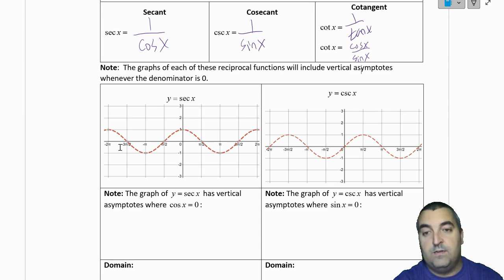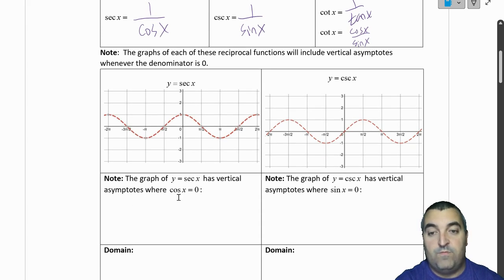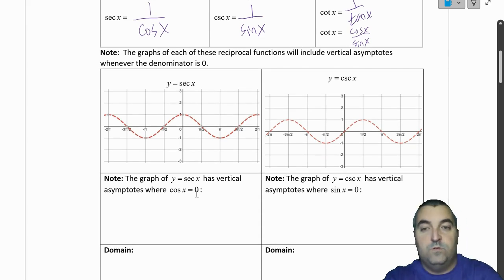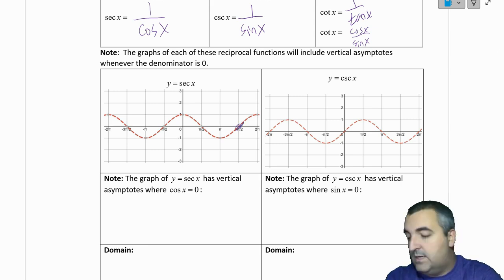The reason why is because they will give us all our big points. So whenever cosine is 0, which we can clearly see from this graph, there's this point right here, there's this point right here, there is this point right here, and this point right here.